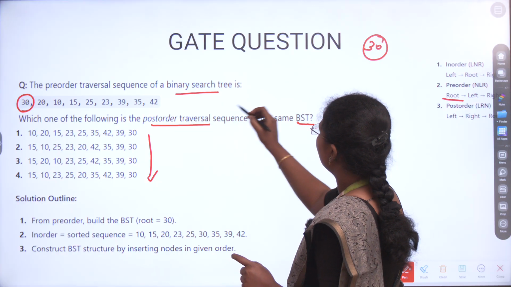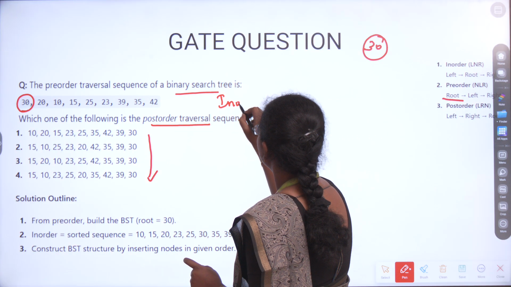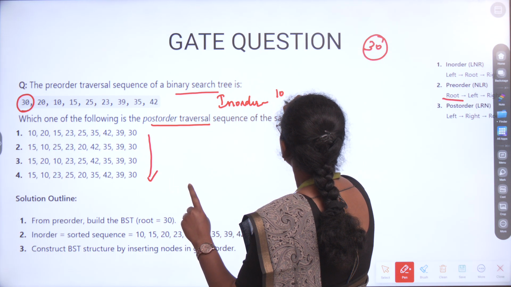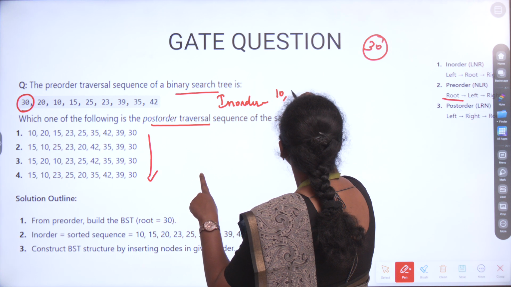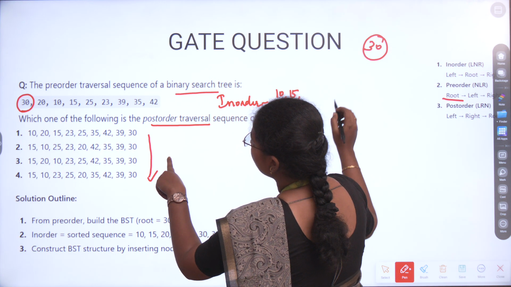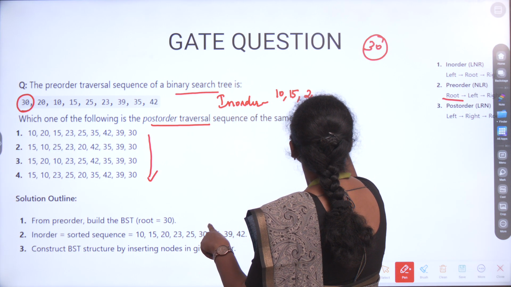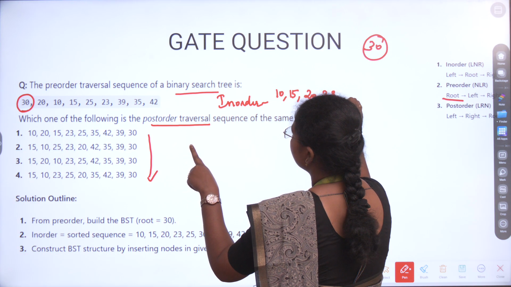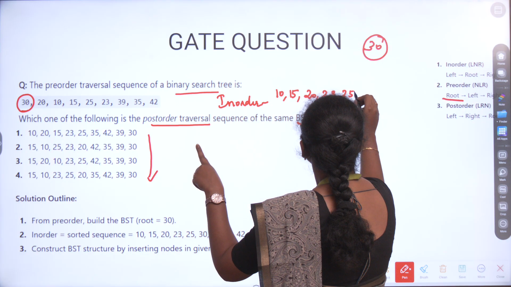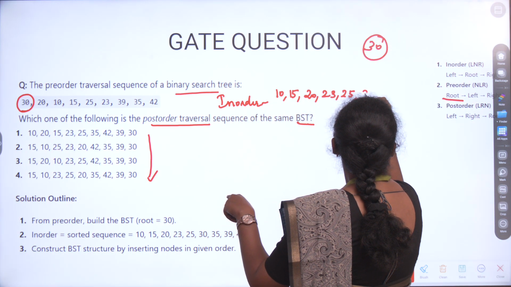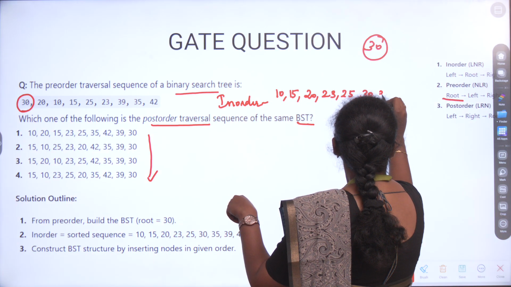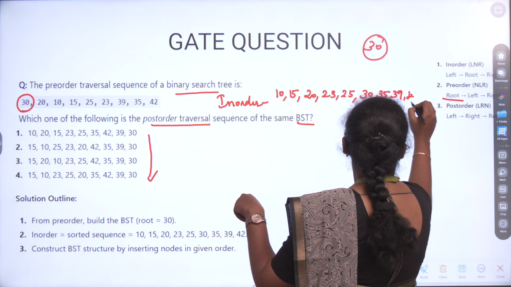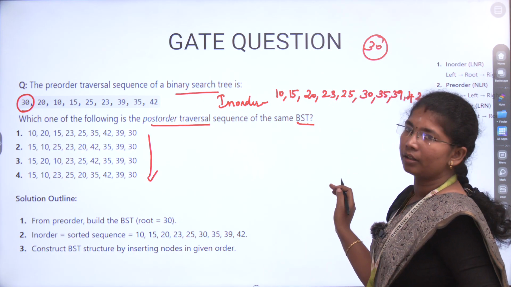So in order, the first value is 10, then 15, then 20, 23, 25, 30, 35, 39, 42. So this will be your in-order.